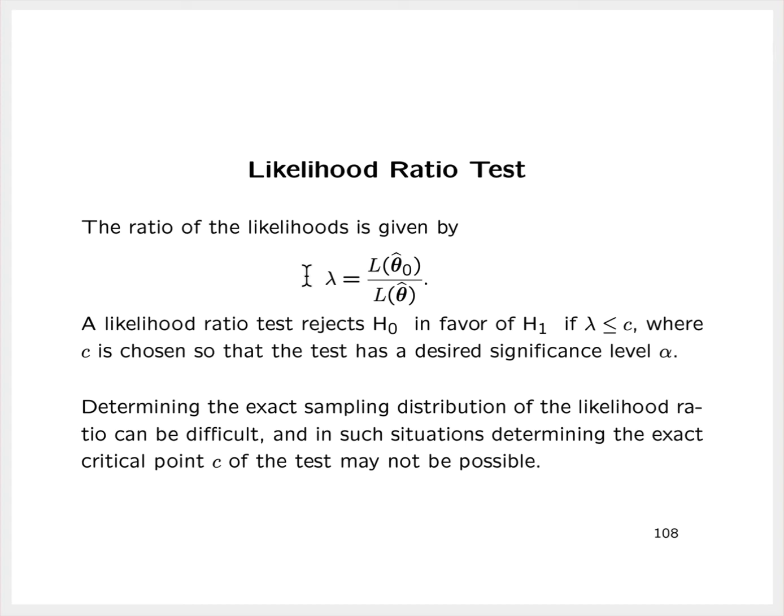I just want to emphasize that in the context of likelihood ratio testing, a lambda without a subscript corresponds to the likelihood ratio. And when we have lambdas that have subscripts, that will typically correspond to characteristic roots.